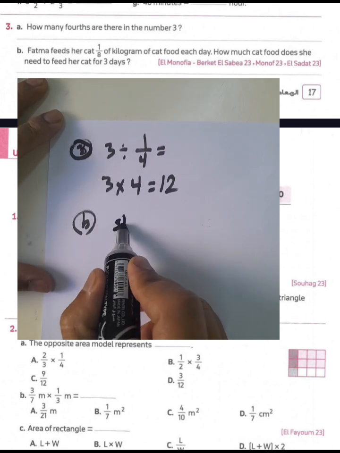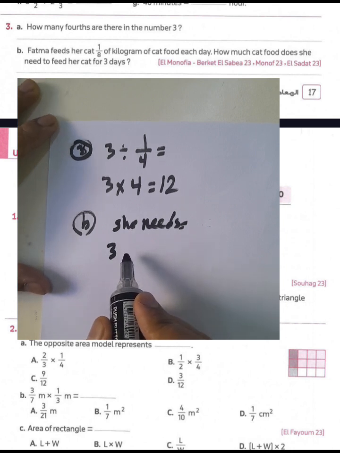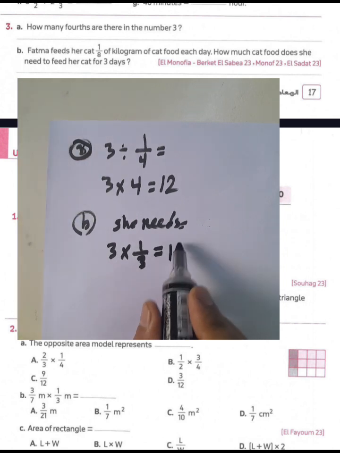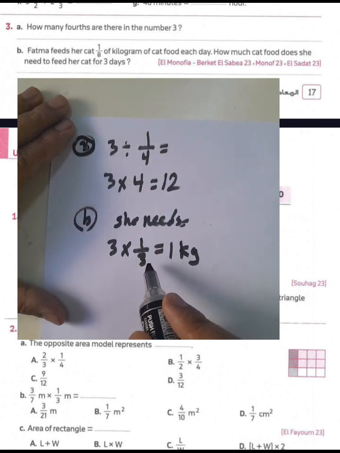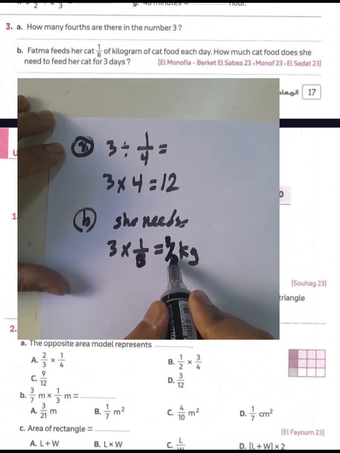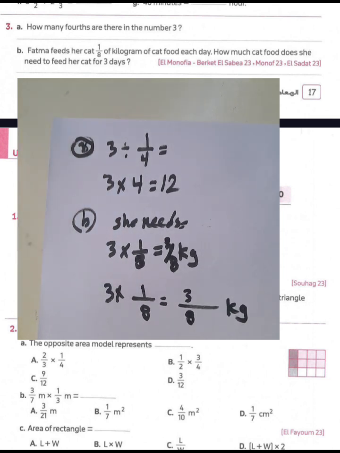She needs the product of the number of days, 3 days, and the weight for 1 day, 1/8, sorry. Then the result will be 3/8. Again, 3 times 1/8 will be 3/8 kilogram. She needs 3/8 kilogram to feed the cat.